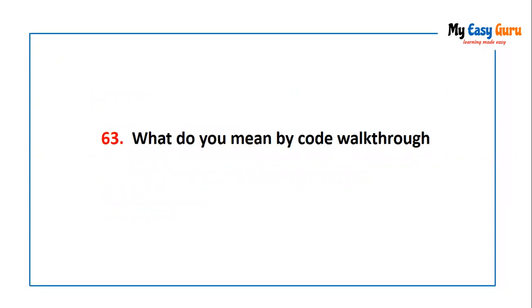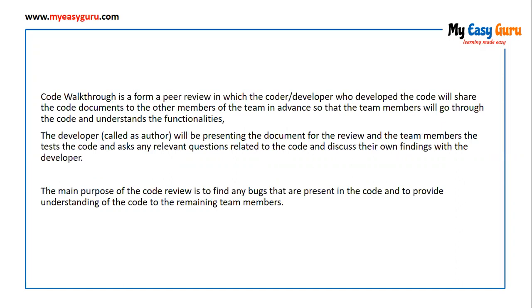What do you mean by code walkthrough? Code walkthrough is a form of peer review in which the developer who developed the code will share the code documents with the other members of the team in advance so that the team members will go through the code and understand the functionalities.